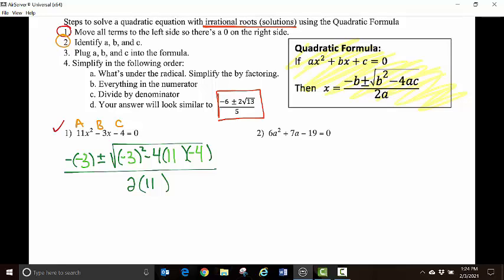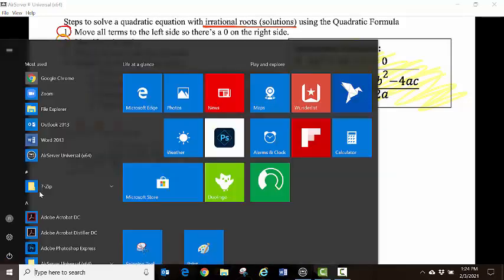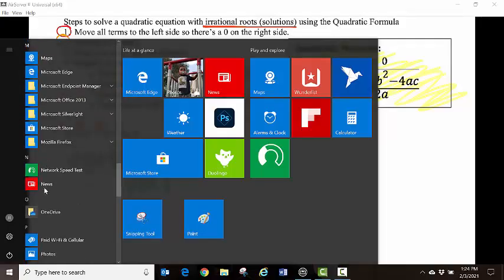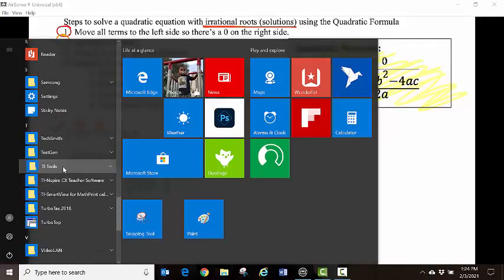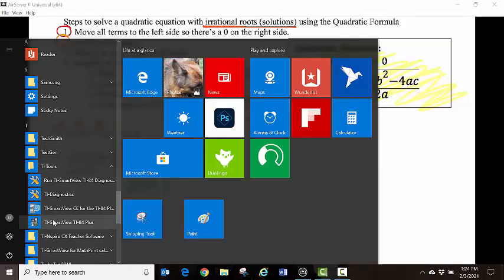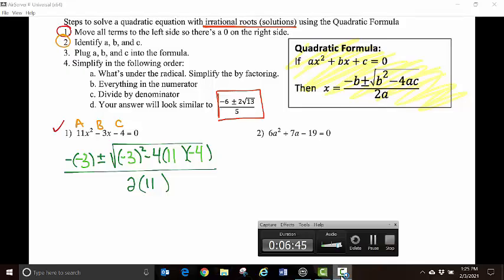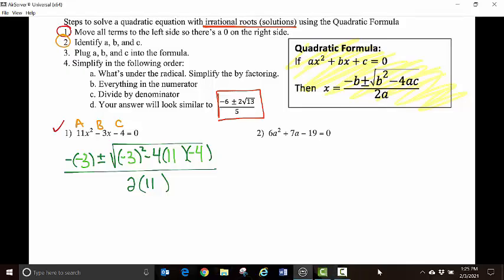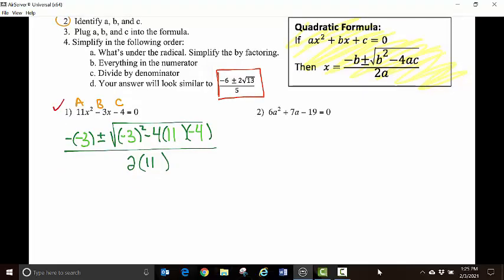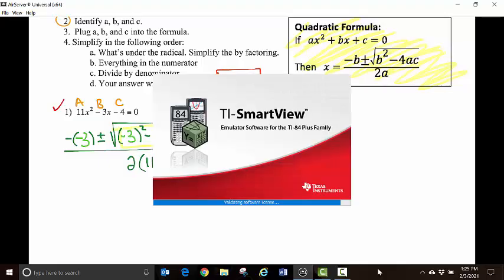Now you would put it in your calculator, which I know you guys have done before. We started it last time. We want to put what's in the radical into your calculator.